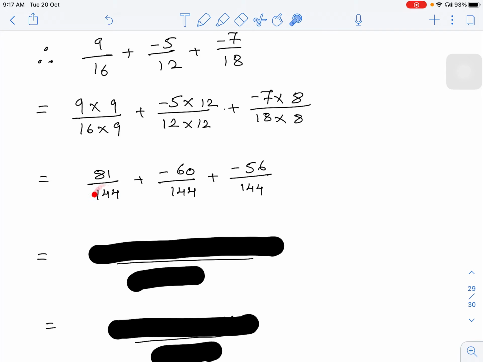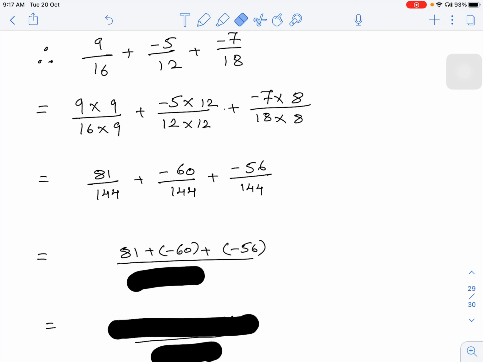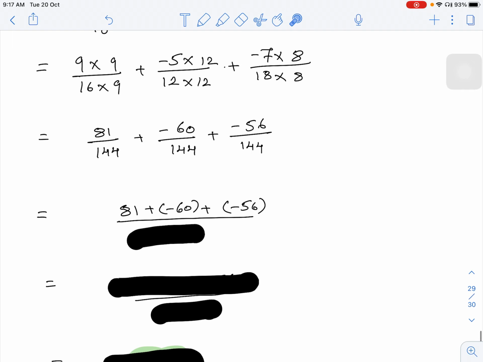Now it can be seen that all the numbers have the same denominator, so we can write the numerators together. In the next step we get 81 plus. Remember that these have minus signs, so first let us write them in brackets: plus minus 60 plus minus 56, divided by 144.